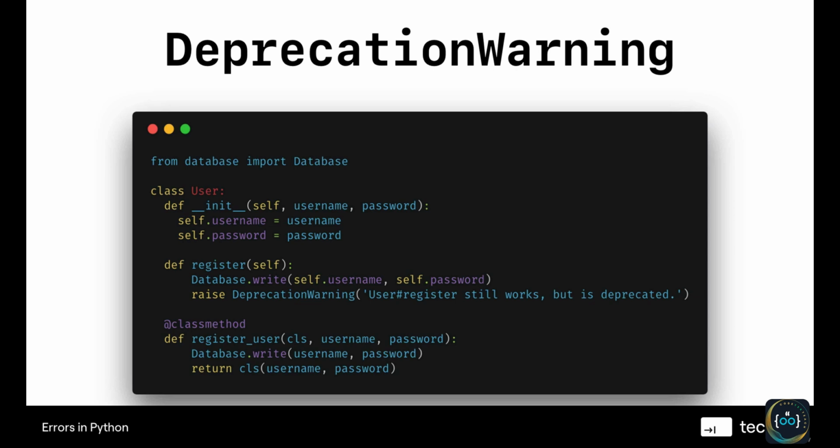Then we've got a class method called register user, and that takes in a username and password, writes them to the database, and returns an object of type user. I like this second one better, that's why it's in this example. But nonetheless, it was just to show you that you can raise a deprecation warning in any of your methods to tell whoever uses it that, hey, this is no longer the accepted way of doing things.